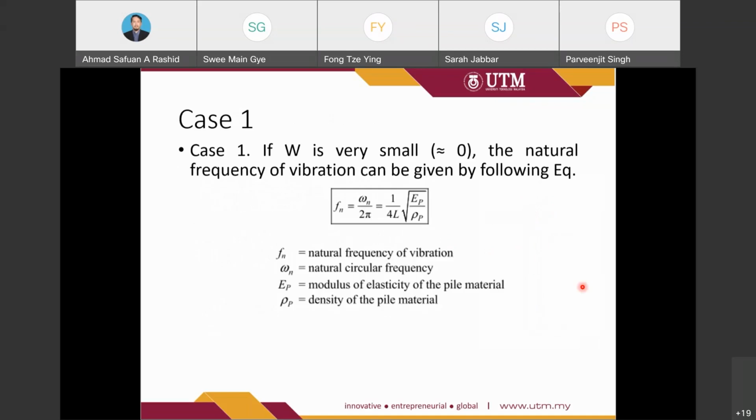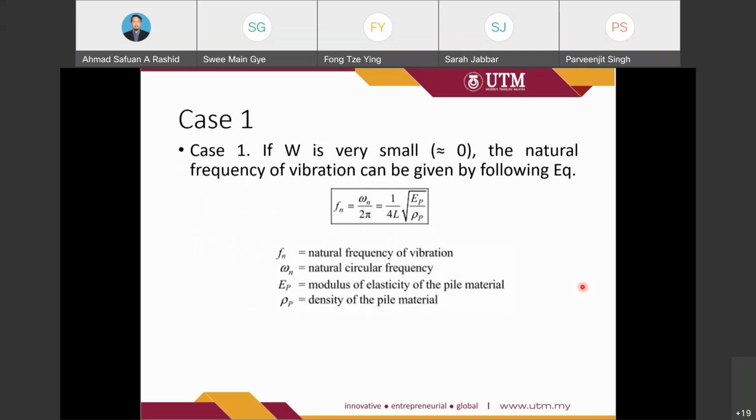For case number one, W is very small, relatively near to zero. The natural frequency of vibration can be given by the following equation.